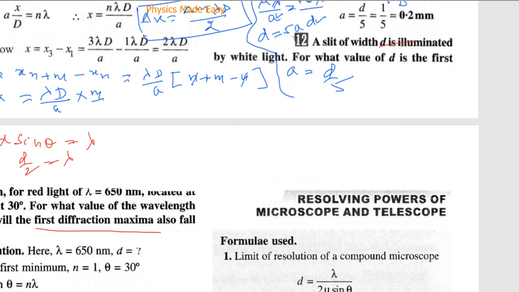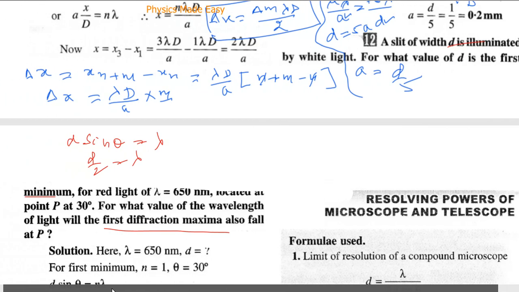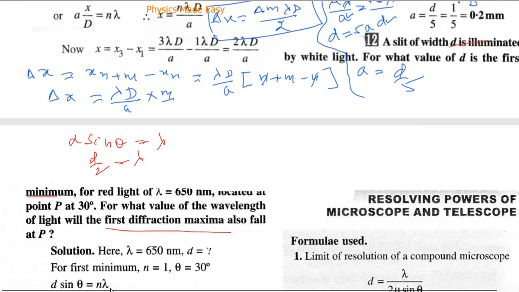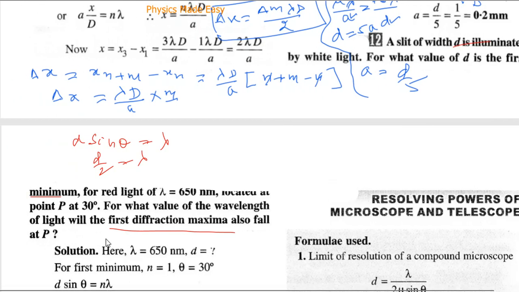It's quite easy. From here we can make the calculations. And this wavelength is given as 650 nanometers.